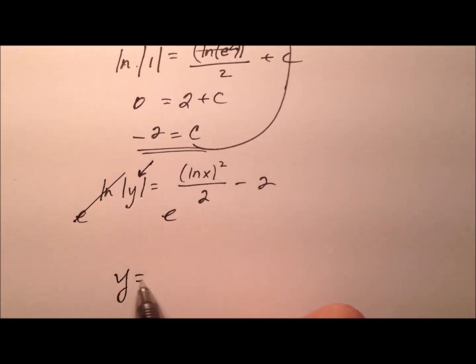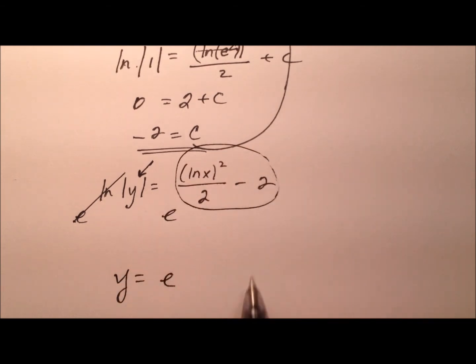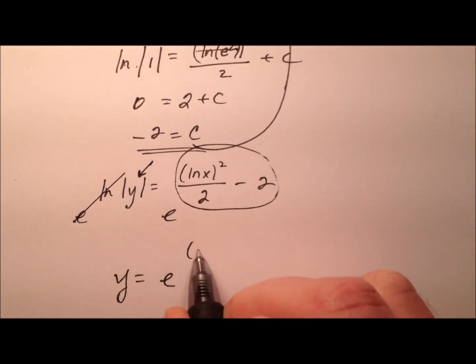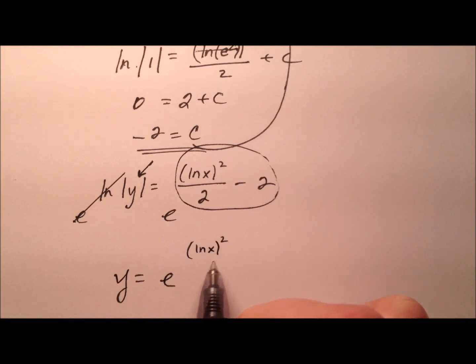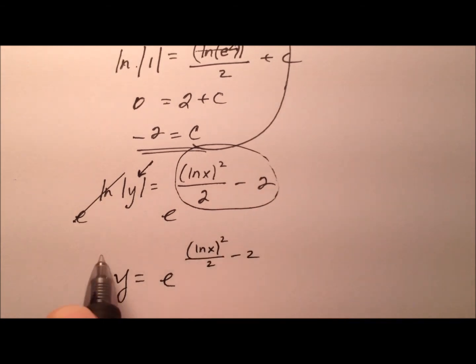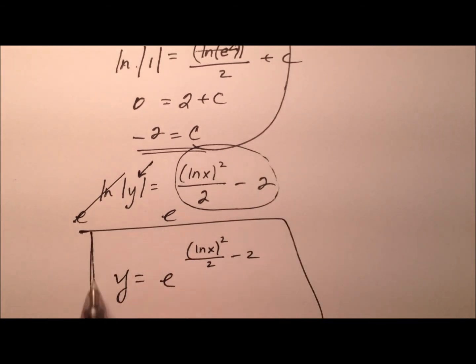So it looks like y will be e to the power of, and then all of this is our exponent of e. So it's going to be the natural log of x squared over 2 minus 2. So here is our particular solution given that initial condition that we had, and it's written in explicit form with y equals.